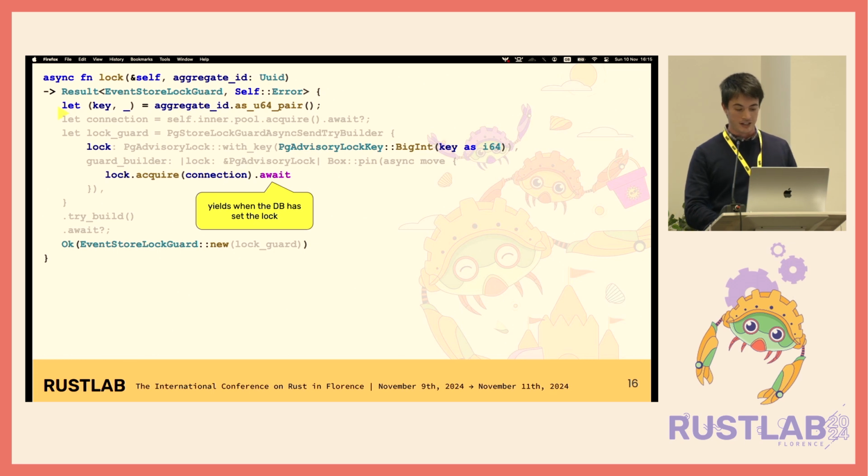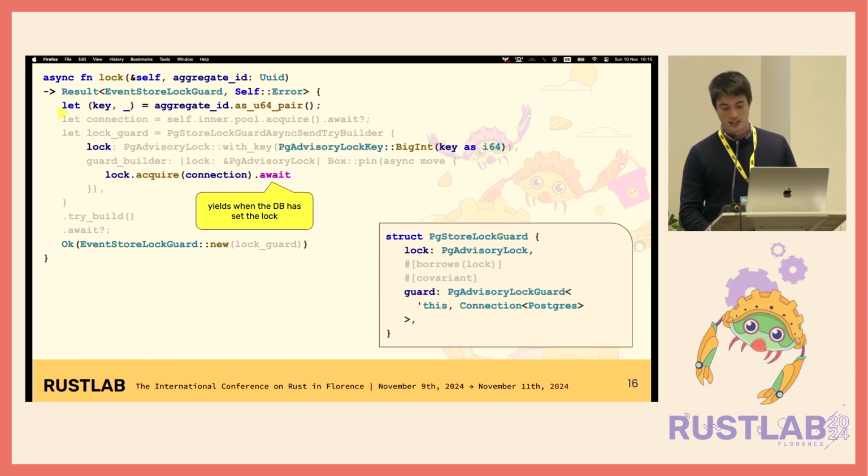The important bits here are that you take the aggregate, you take the ID, you construct an advisory lock key, and then again, use the connection to ask Postgres to set an advisory lock for that. And then when the await point continues, you know that you've acquired the lock. That object is actually a bit tricky because it must contain both the lock and the guard.